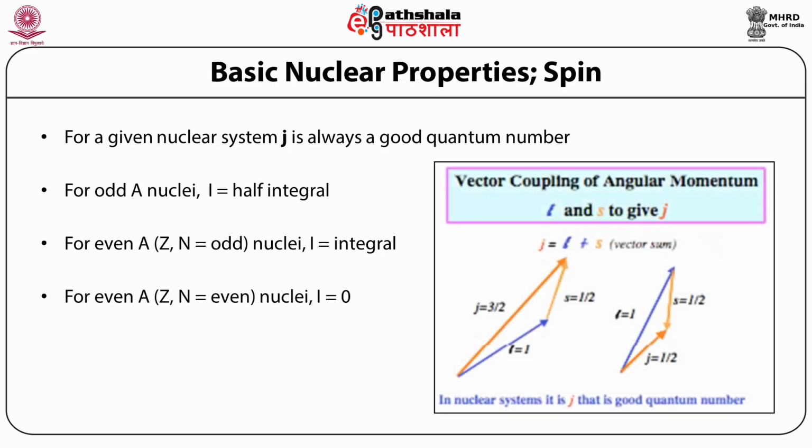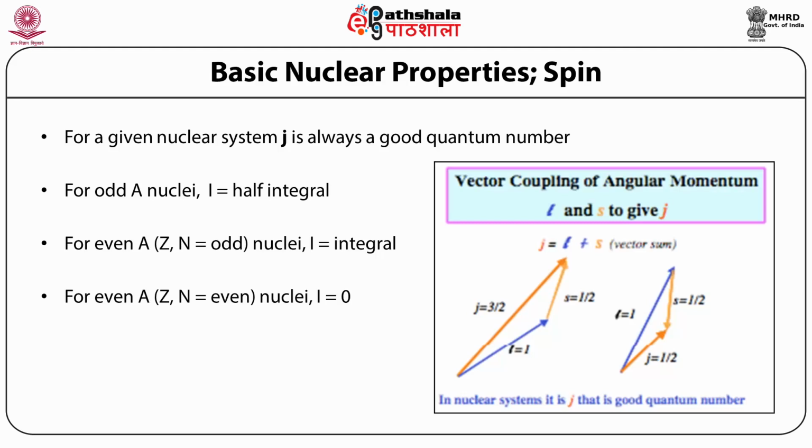Now on the left hand side, a vector diagram is given, and what this vector diagram suggests is that the total angular momentum in a nucleus is basically the sum of two angular momenta. We know that the protons are in motion like electrons in the atom.